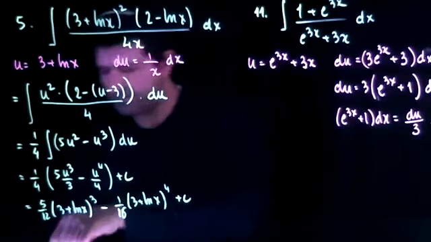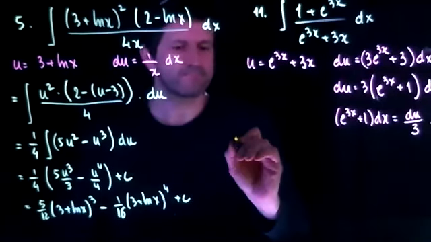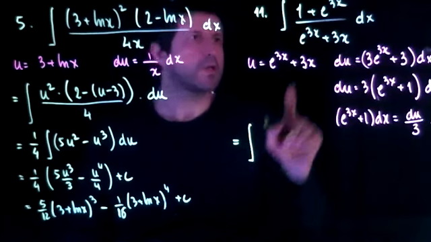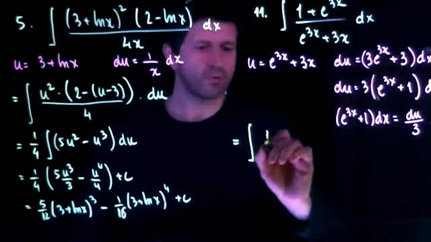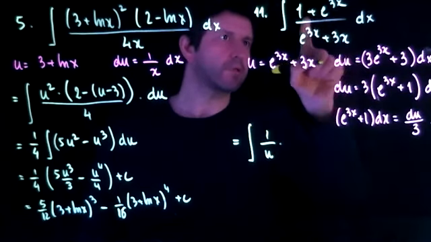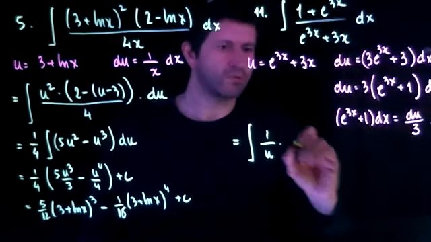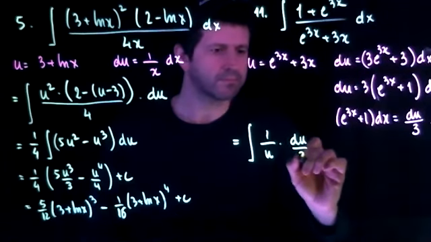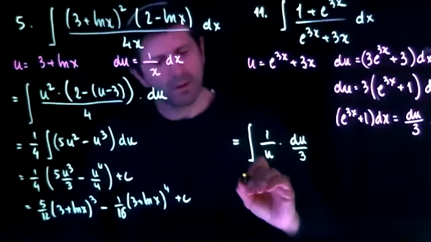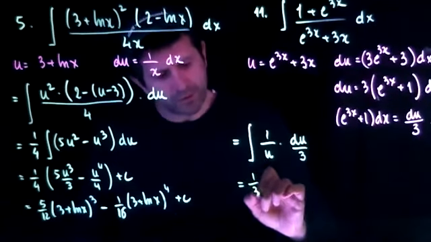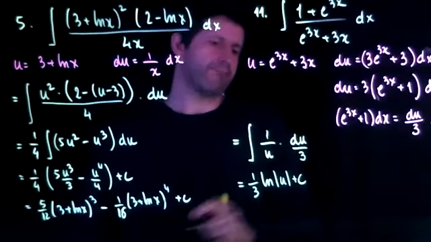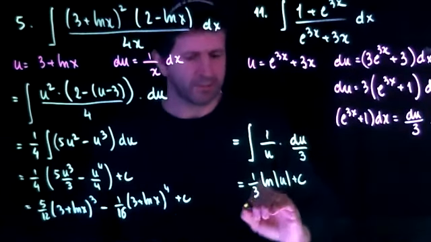And now I can replace. So 1 over u times e to the 3x plus 1 dx is du over 3. This is 1/3 ln of absolute value of u plus c. Replace the u back like this, and I'm done.